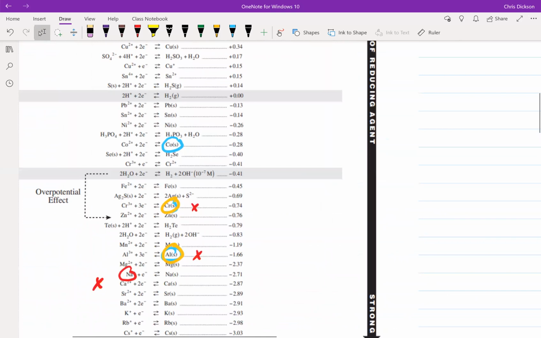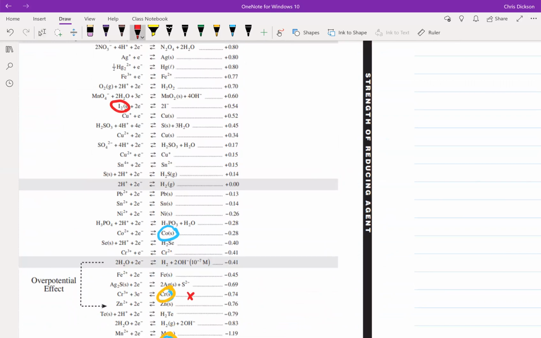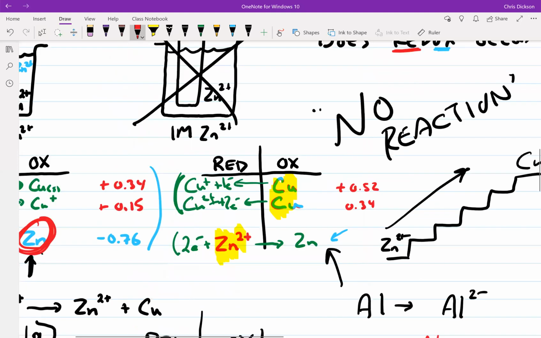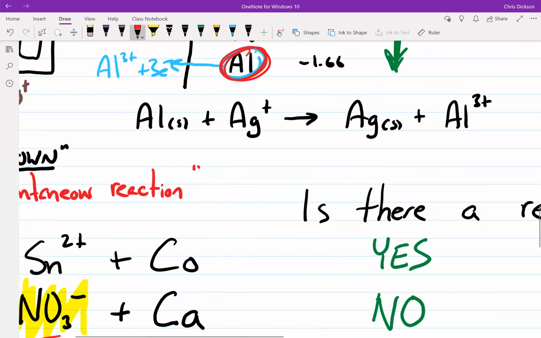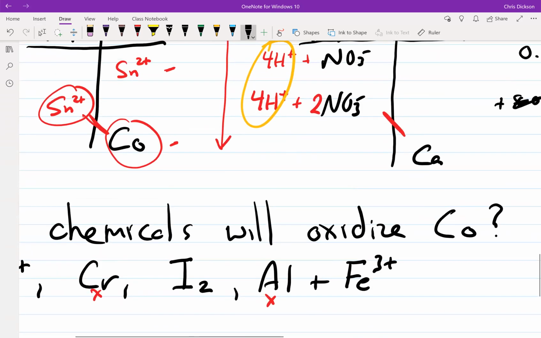Let me make this bigger. Maybe there's no iron 3 plus on here. I'm seeing iron 2 plus and not 3. Maybe I wrote that wrong. So let's say iron 2 plus. I shouldn't test you on things that aren't on the table, so we'll get rid of that. Let's say iron 2 plus.